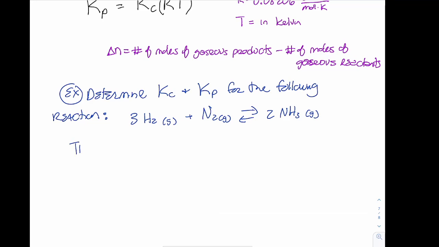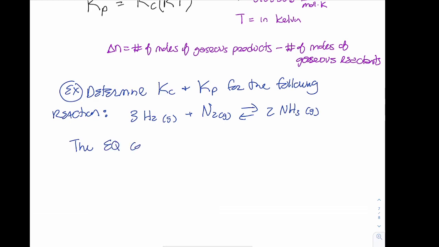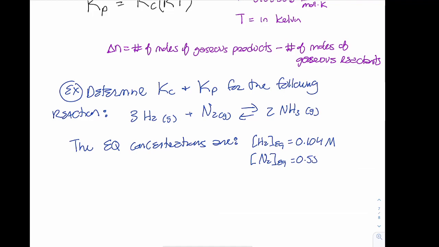And then we're given equilibrium concentrations. And then I'm just going to list them here. So for hydrogen, it is 0.104 molar. For nitrogen, 0.554 molar.